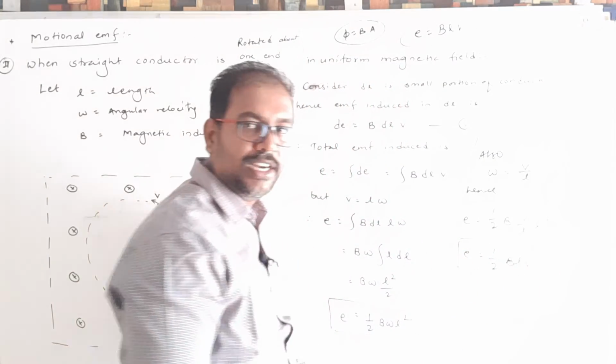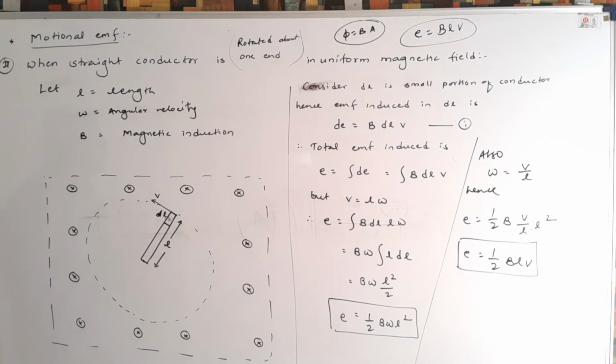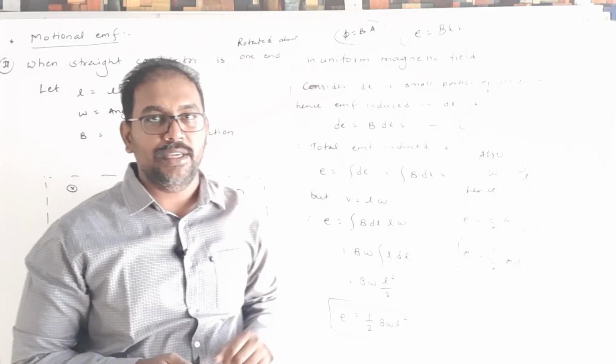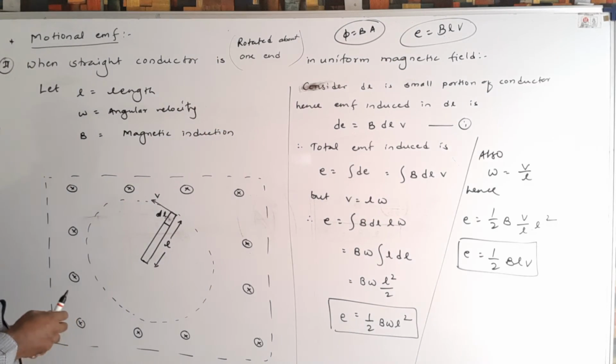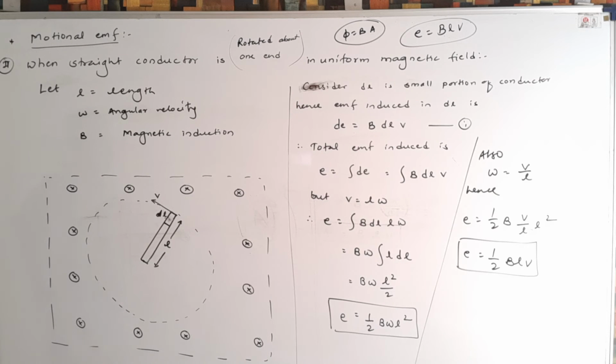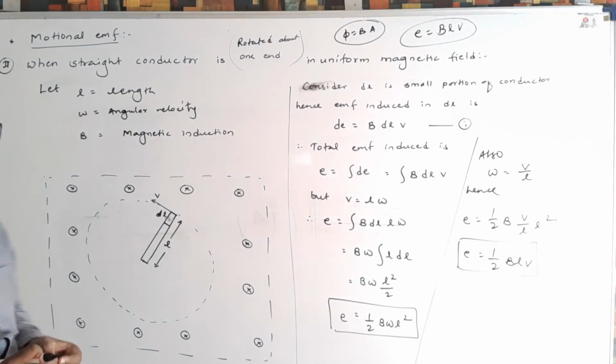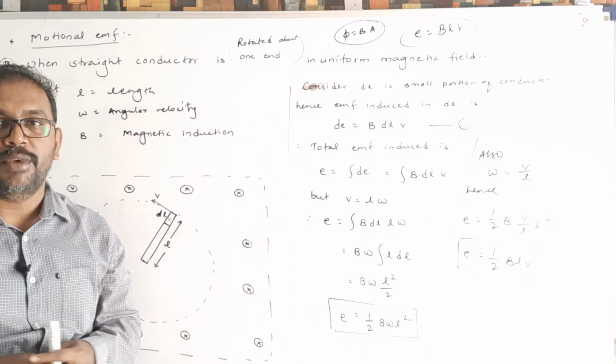So you know that when a straight conductor is moved in uniform magnetic field, the EMF induced is E equal to BLV. But when it is rotated about one end, then the EMF induced is half BLV. I hope everyone understood this article. When a straight conductor is rotated about one end, how much is the EMF induced in that conductor. So you can see in the exercise, questions are asked based on this article.